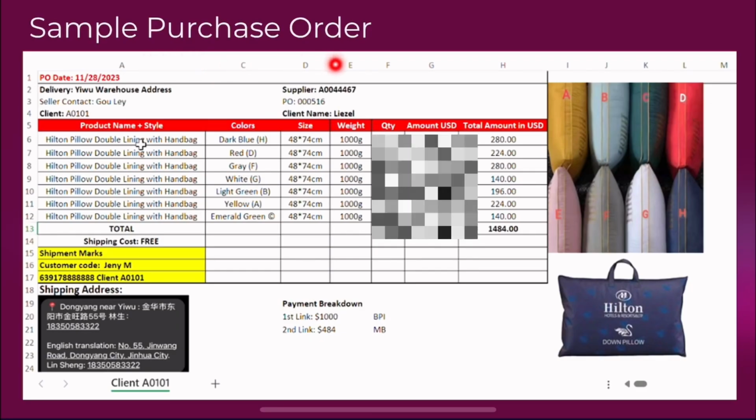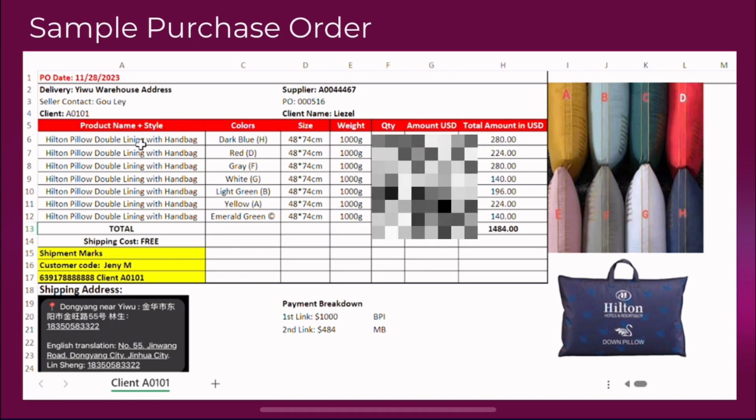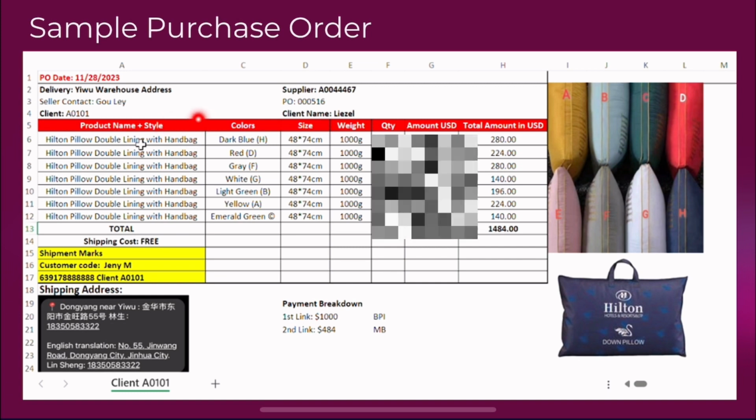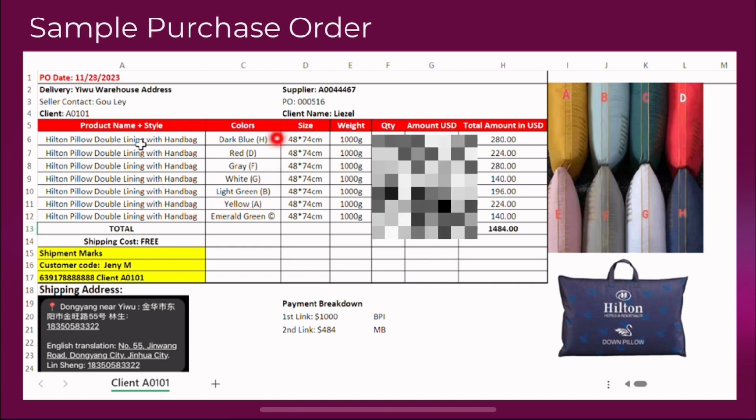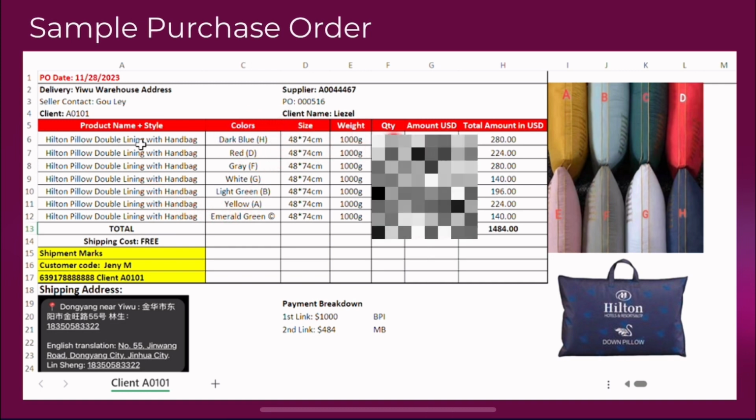Here's the sample purchase order from my import last year. Like I've said, I'm just using an Excel file to document what was agreed with my supplier. You would see here the product details: Hilton pillow, double lining with handbags. Make sure to specify everything here on the PO: the colors, the sizes, the weight, the quantity, and the amount. Then the shipment details.